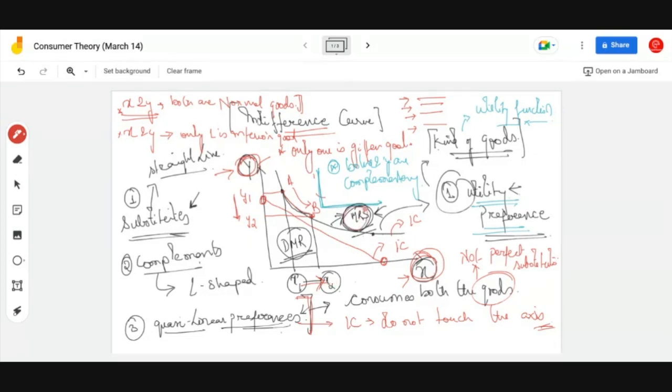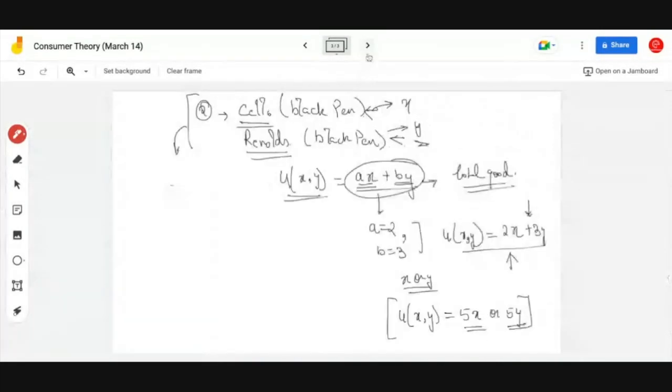So the marginal rate of substitution is nothing but how many units of good X need to be increased to compensate for the decrease in good Y. Okay. So let's try to understand this with the help of marginal utility.